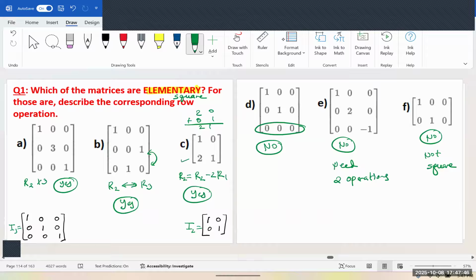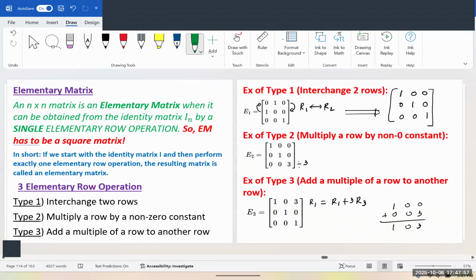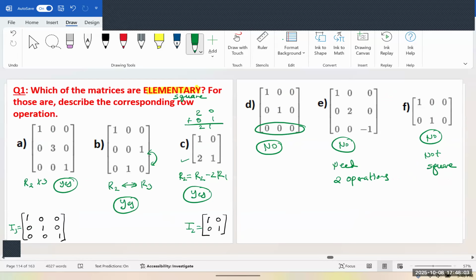It's row 2 minus 2 row 1. So this is addition or subtraction of 2 rows with a multiple, which is this one. Add a multiple of a row to another one. Okay. Any other question from anyone? No?